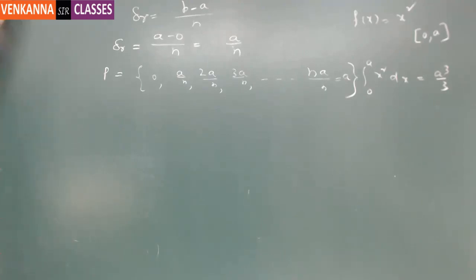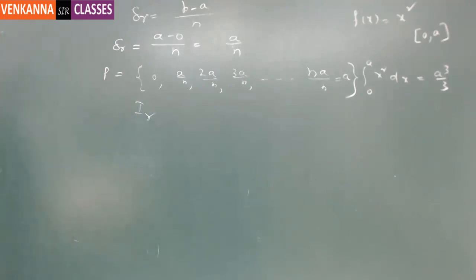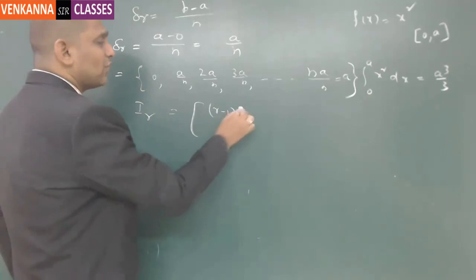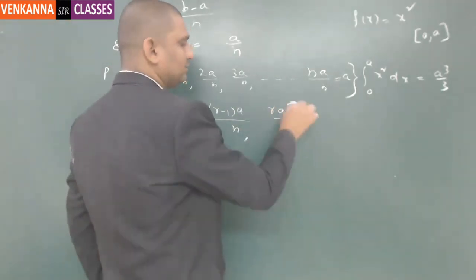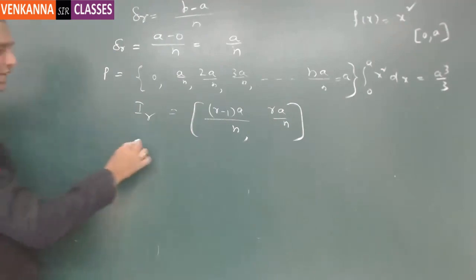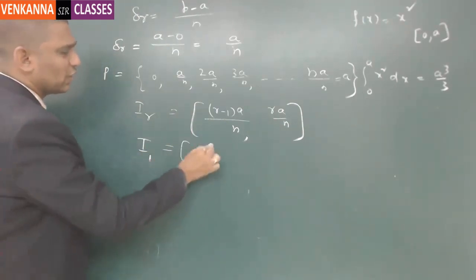So if you take any arbitrary subinterval I_r, what will it be? It is (r minus 1) into a by n, comma, r a by n. How have I arrived at this conclusion? Because if you take the first interval I1, it is nothing but 0 comma a by n.